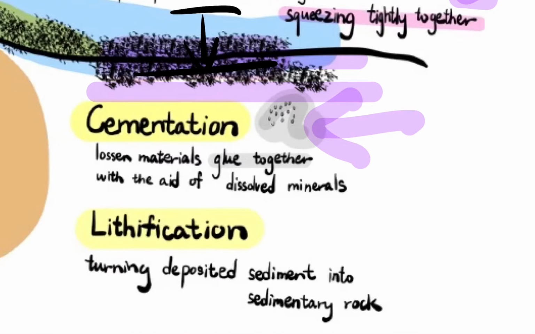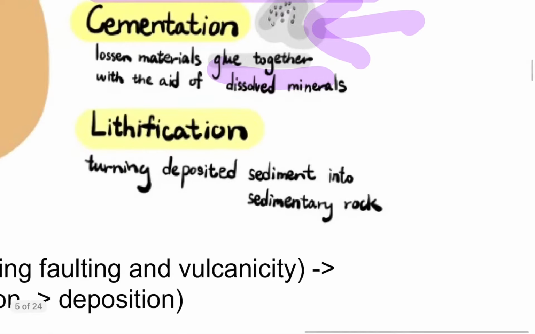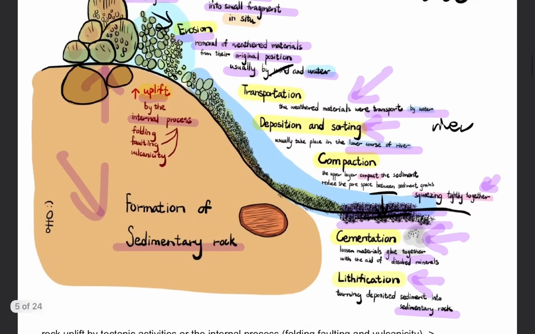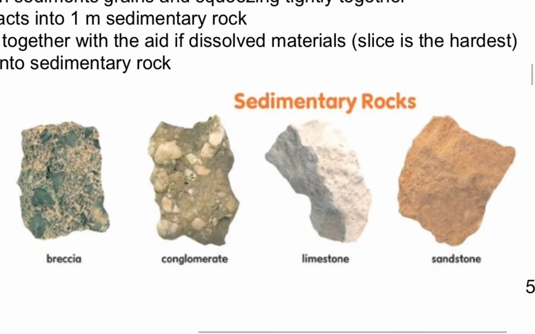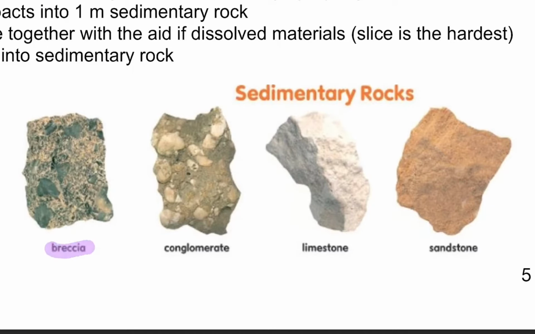The loosened materials are glued together. And the last one is the lithification. It's turning into the sedimentary rock. You need to pay attention to it because it occurs in essays as well.